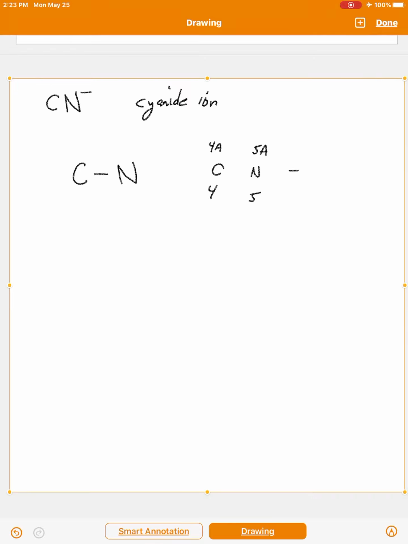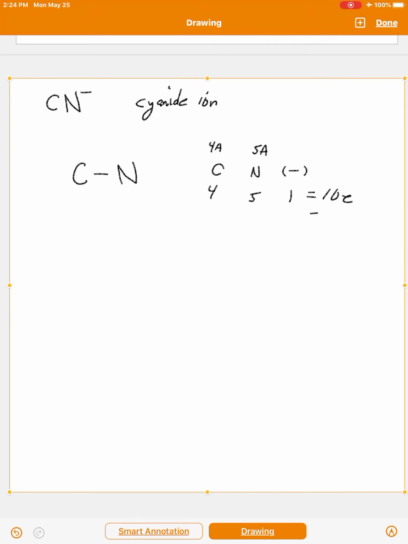And then we got that negative charge, so that's 1 electron. That's an extra electron. 1 additional valence electron. If it were positive, you would take away 1 of the electrons. But if it's negative, you add it. If it was -2, you would add 2 electrons. If it was -3, you would add 3 electrons. Okay? So now we get 10 electrons.